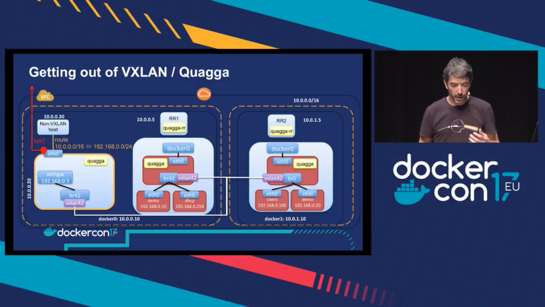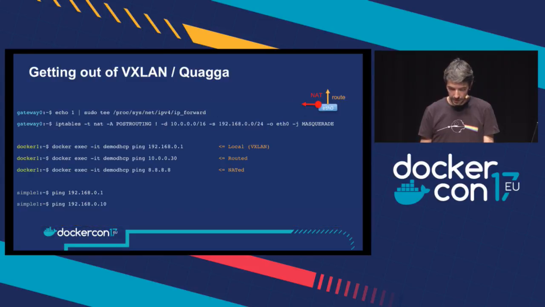We're going to enable routing on the gateway machine I used before, and we should be able to route traffic between containers and non-Quagga or VXLAN hosts. And what's interesting too is I can do it for all the machines inside the VPC, but we could also access the internet using NAT on the host.